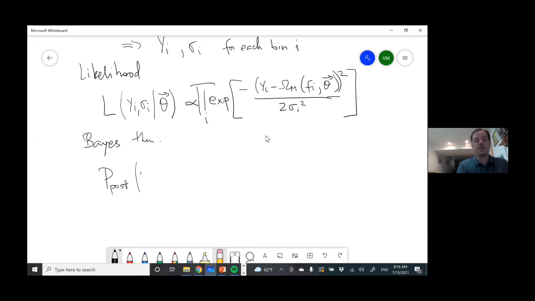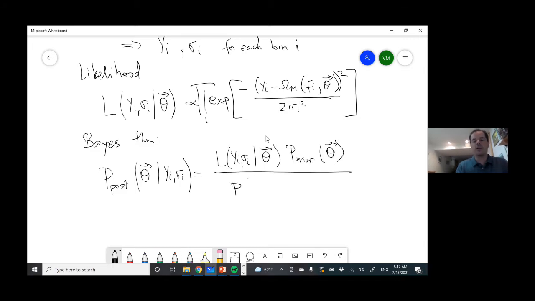So this is the posterior distribution, which is a distribution of the parameters theta given the data y_i and sigma_i, given our measurements. That's equal to the likelihood of observing y_i and sigma_i given the theta parameters, times some prior distribution of the parameters theta, divided by some general distribution of observing the y_i and sigma_i data.